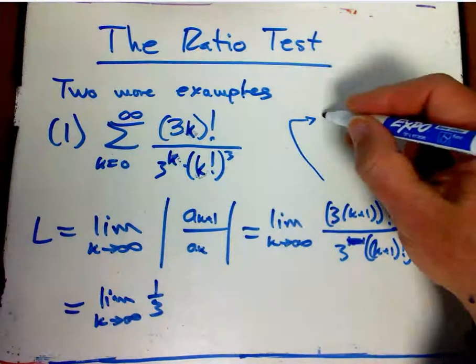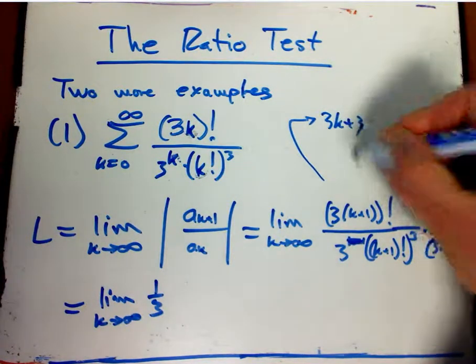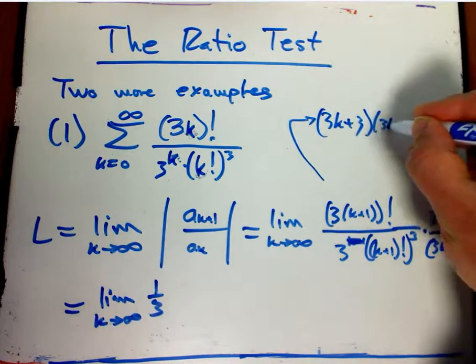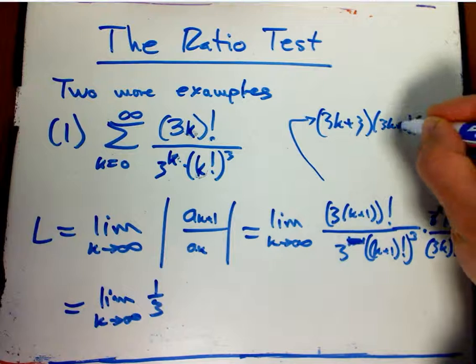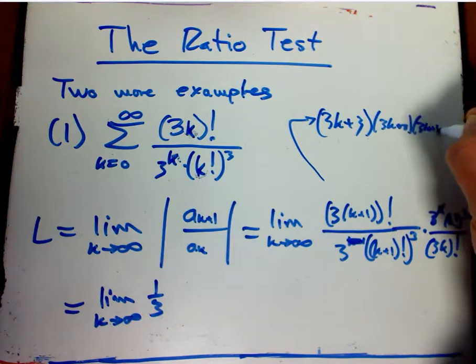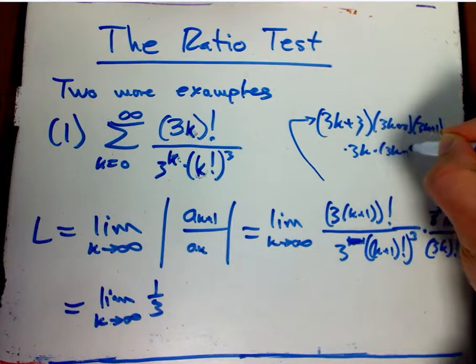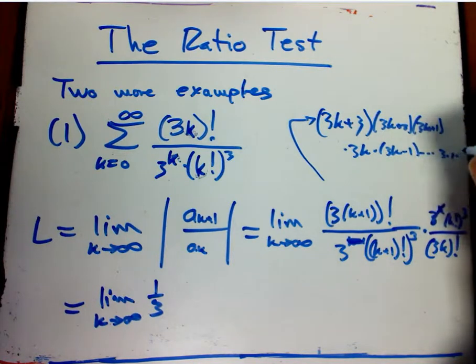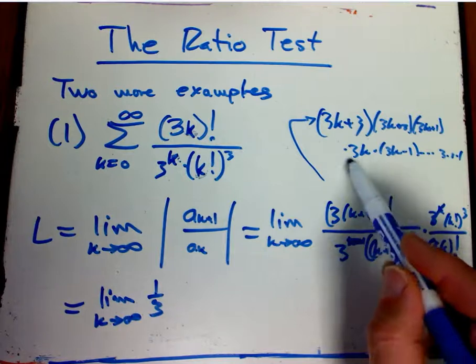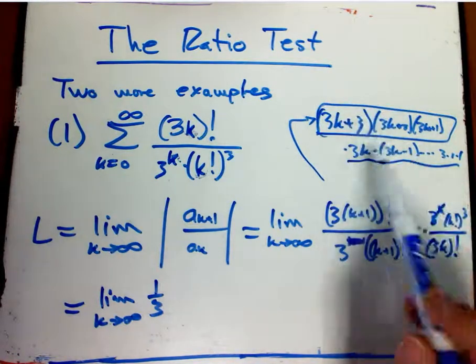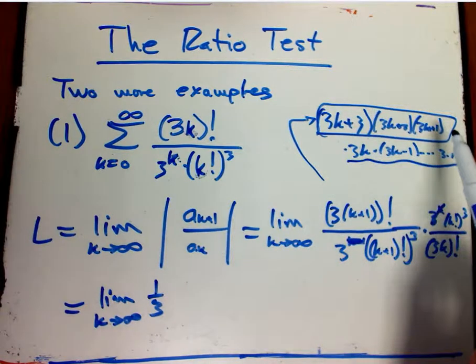3k plus 3 factorial, when you distribute the 3, is 3k plus 3, times 3k plus 2, times 3k plus 1, times 3k, times 3k minus 1, etc., all the way down to 3, 2, 1. Notice that's exactly 3k factorial times just this extra bit, but it's really important to get the extra bit correct.